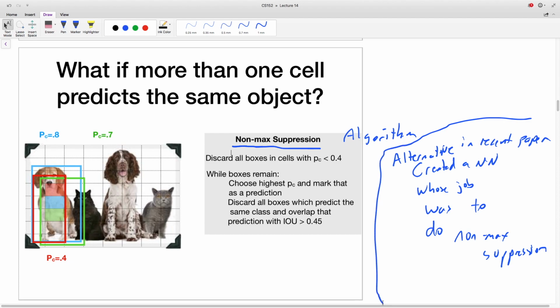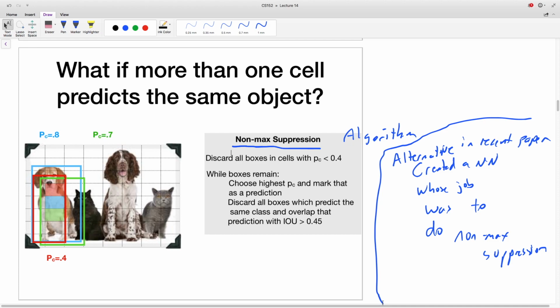The fact is, though, the heuristic works pretty well. So the idea is, first, let's just get rid of all of the boxes. Okay, so I'm going to distinguish here.